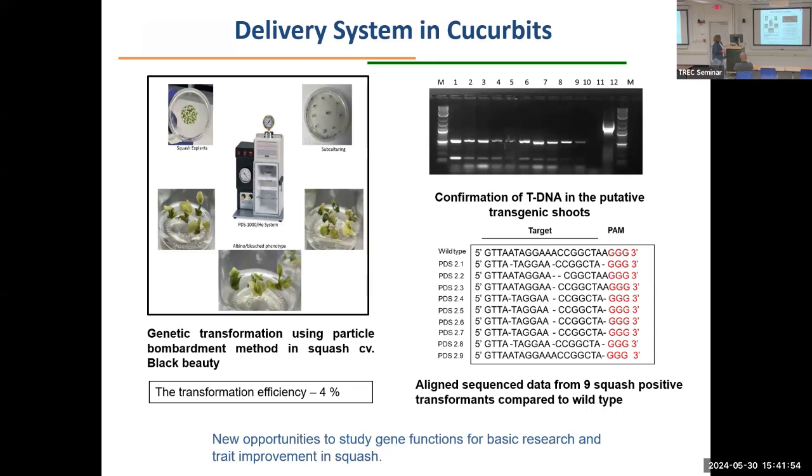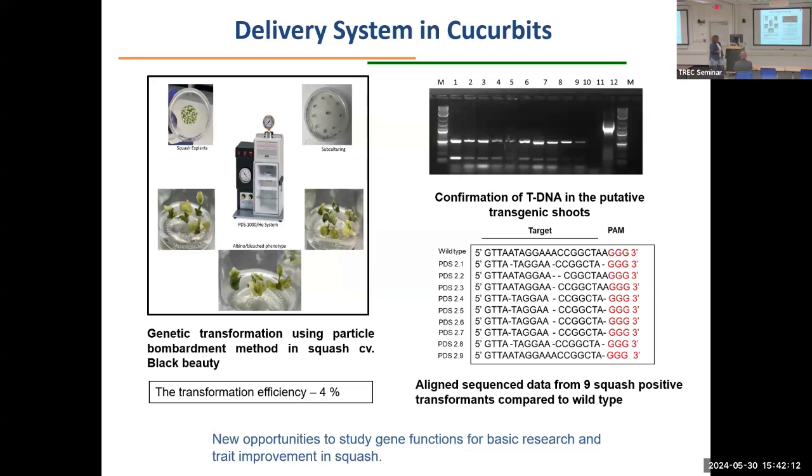These are the squash explants. So the squash seeds were washed with water, surface sterilized, and put in the media, and then let it grow for a week. After a week, explants were prepared. This is called the cotyledonary nodal explant.